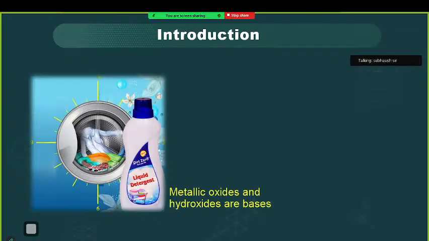Here you see some metallic oxides and hydroxides. Those are known as bases. Like sodium oxide or sodium hydroxide, they are called bases. Generally metallic oxides and hydroxides are bases.